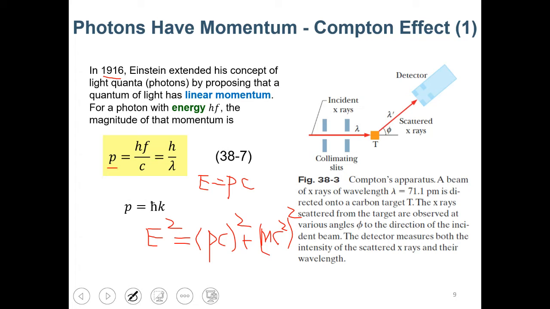Here for a photon, the mass for a photon is 0. So that this term is 0, then E should be equal to PC.